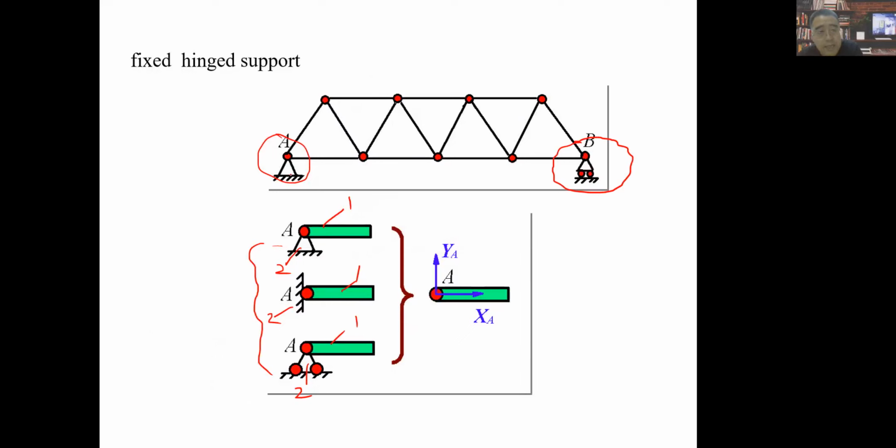They're more like this. We have 2 wheels here. That means at point B, it is allowed to move along the X direction.